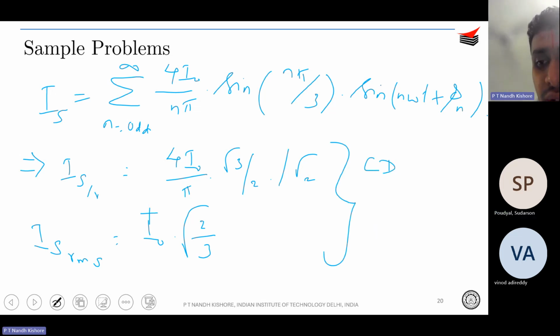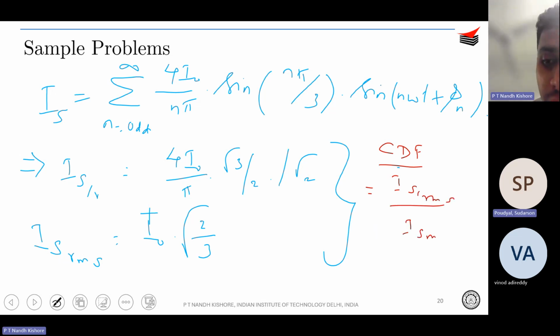So the current distortion factor, or the CDF, is going to be iS1 RMS over iS RMS. So that will turn out to be 0.955, 0.9549 or something is what we got, I guess.